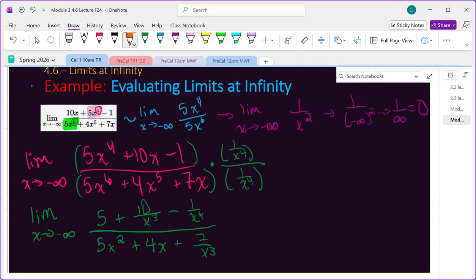Now, all of my terms that are a number over x to the something, as x goes to infinity or negative infinity, are going to go to 0. My 5 is going to approach a constant. So on top, I have a constant plus 0 minus 0. So the top here is going to a constant.